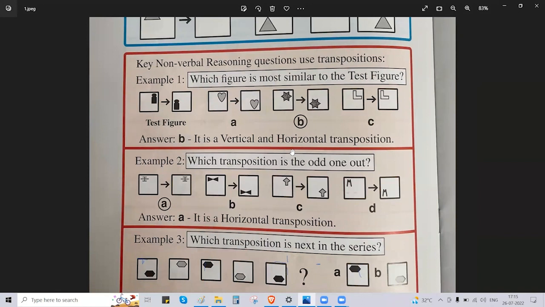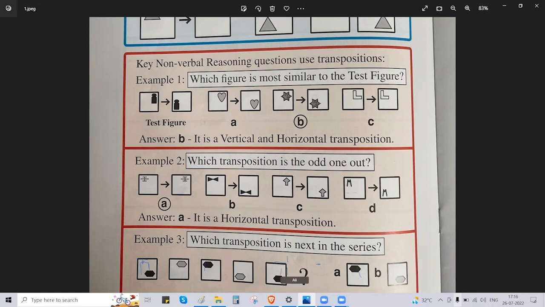Question number 3 says which transposition is next in the series. So it goes up and then to the right and then back down, and it kind of just travels all around the shape. So then the next one in the sequence would be going up again, like this.